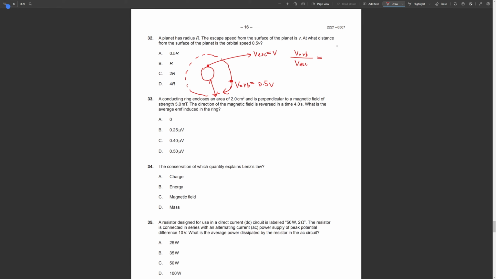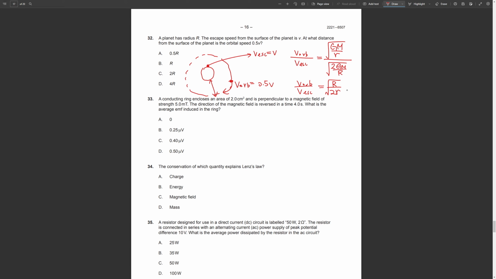The orbital speed, according to the formula sheet, is the square root of GM over R. The R here is the orbital radius. And the escape velocity is the square root of 2GM over r. The r in this case is the radius of the planet. After rearranging, you will show the orbital velocity and the escape speed are in the ratio of the square root of big R over 2 small r.